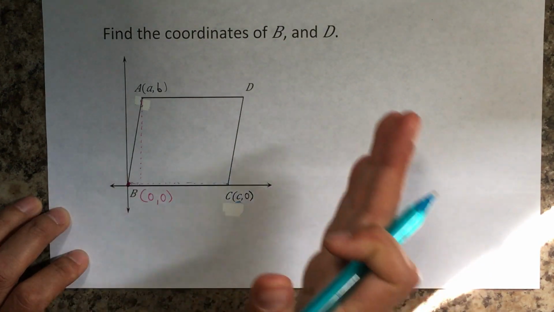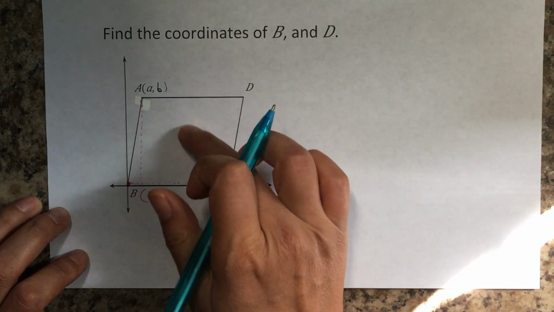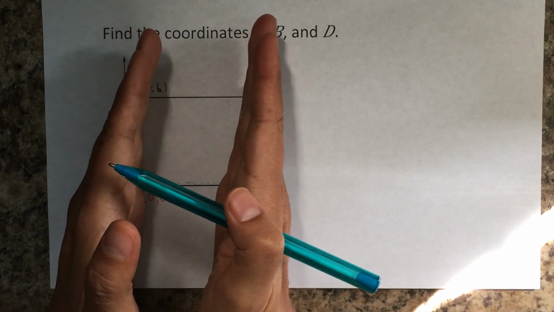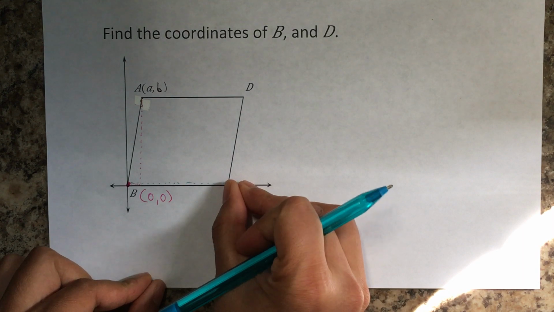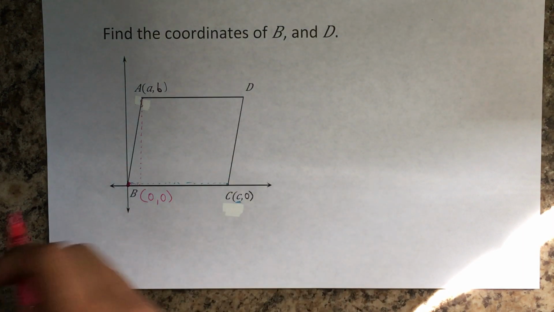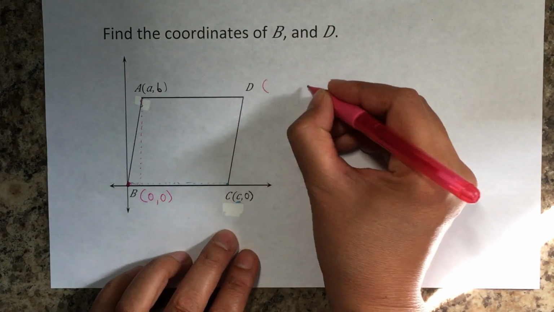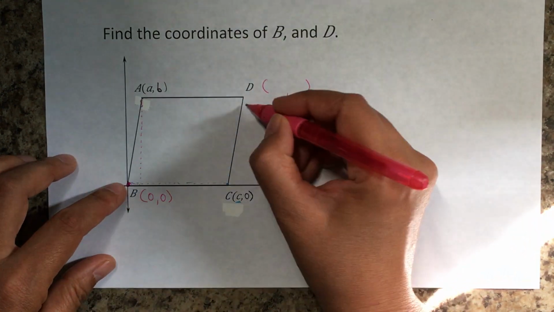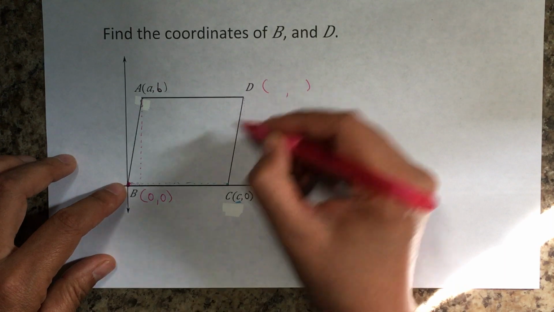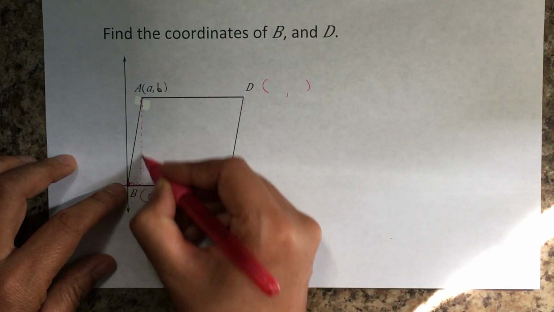But I don't know if you recall that this is a parallelogram. Parallelograms go like this and they tilt so that this distance is the same as this one right here. So that's going to help me find the coordinates for point D. Why? Because see how you have this A, B?